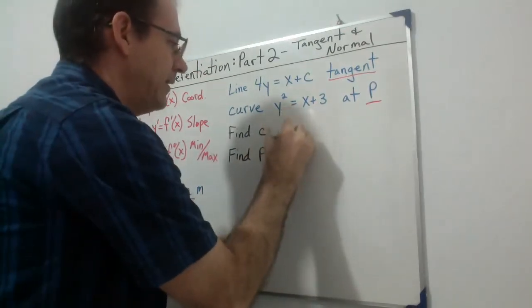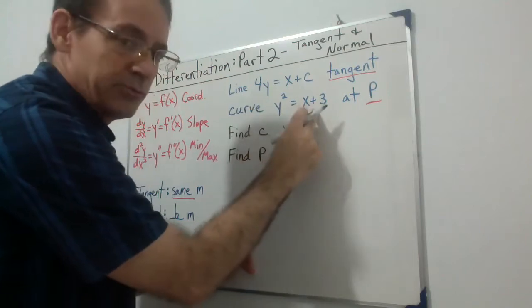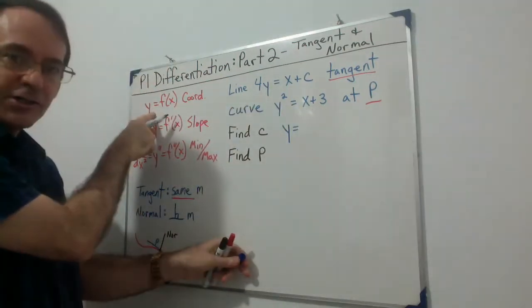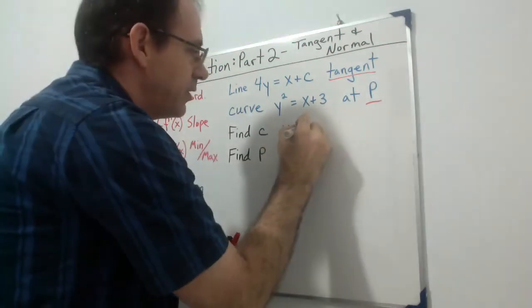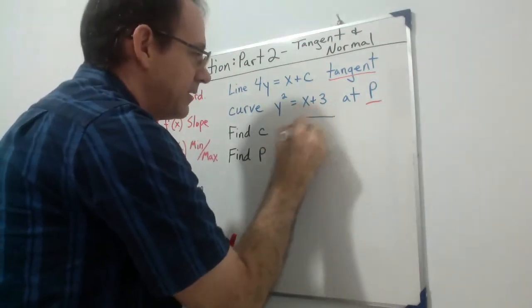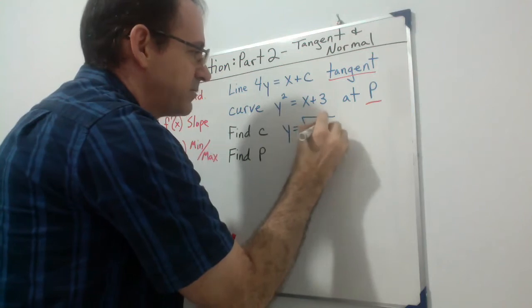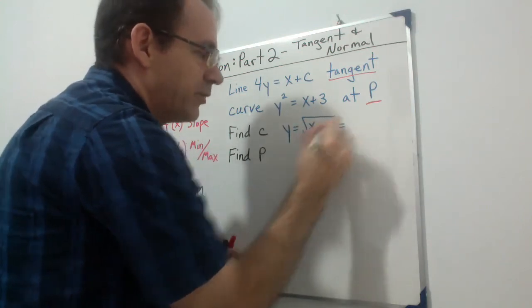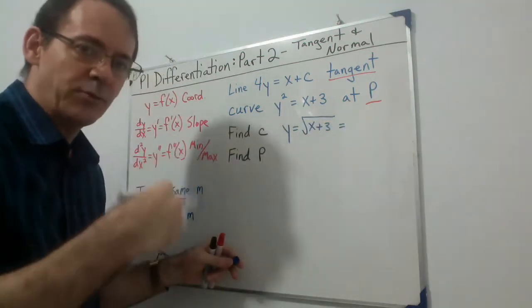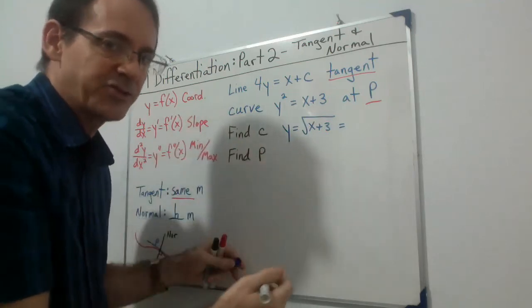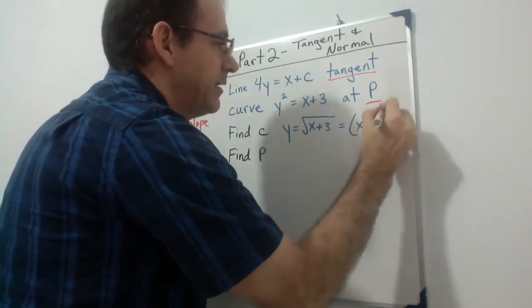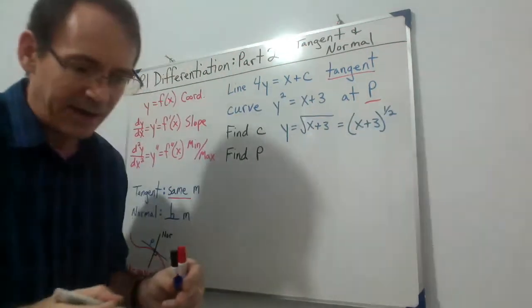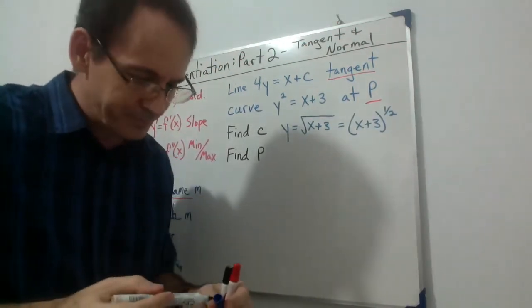So y, square root both sides, because we want it a function of x. We want y by itself. So this would equal y equals the square root of x plus 3, which equals, remember, if we're going to do derivative, we want to write it in exponential form. So this becomes x plus 3 to the 1/2 power.